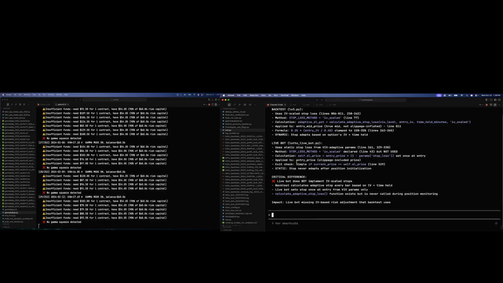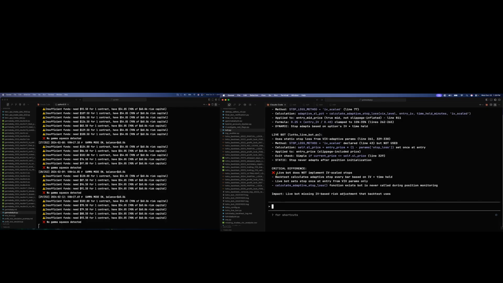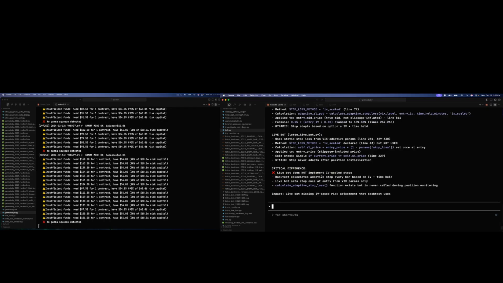Okay, it's set at once, applied to entry. Exit is a simple check of whether the current price is at this level. Stop never adapts after position initialization. The current critical difference is that the live bot does not implement an IV scaled stop. The backtest calculates the adaptive stop every bar based off IV plus time held. The live bot sets it only once at entry from VIX parameters only. The adaptive stop loss function exists but is never called during the position. The live bot is missing the IV-based function.